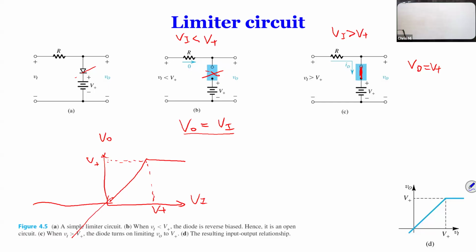So now I give you guys a question, or kind of homework, to think about. When Vi is less than V plus in the positive region, VO is the same as Vi. When Vi is larger than V plus, we get output the same as V plus.